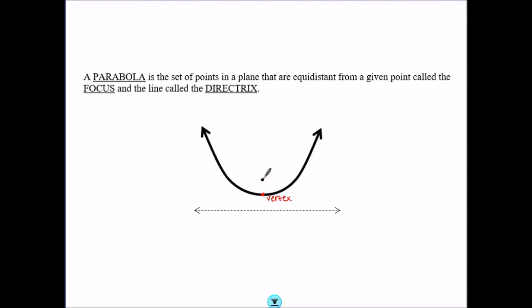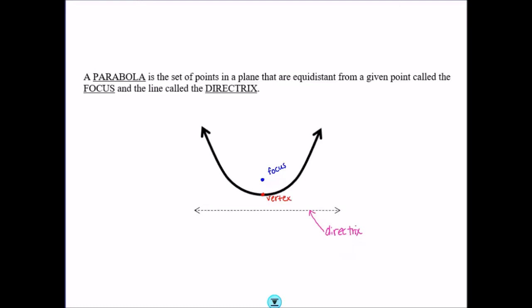Then this point here is called the focus. And this line here is called the directrix. Now every point along this parabola is equidistant from the focus and the directrix.